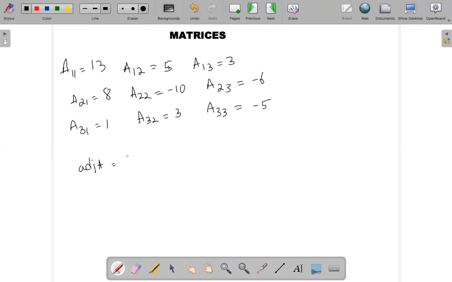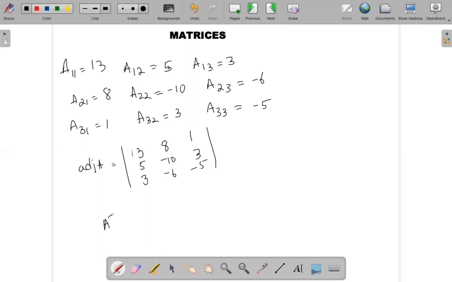Adjoint A will be 13, 5, 3; 8, minus 10, minus 6; 1, 3, minus 5.